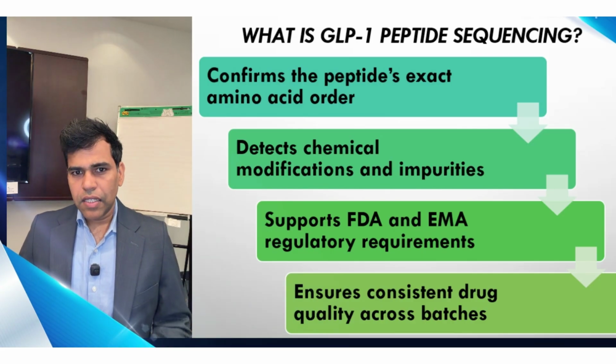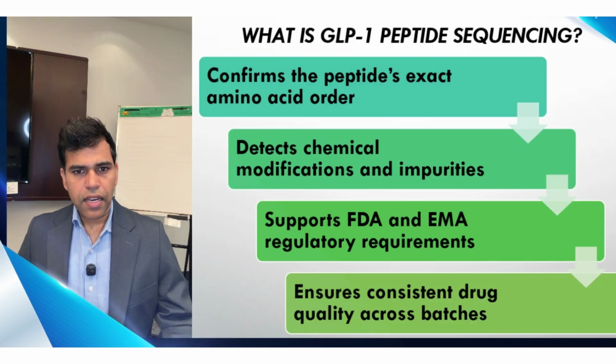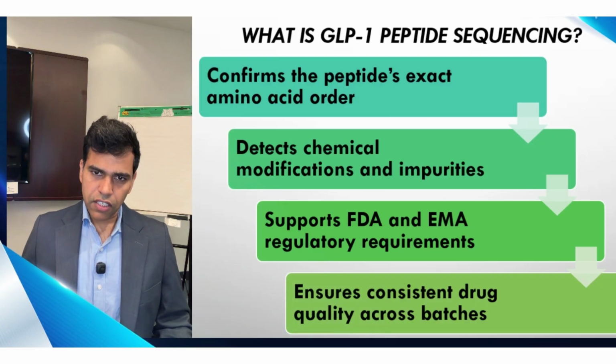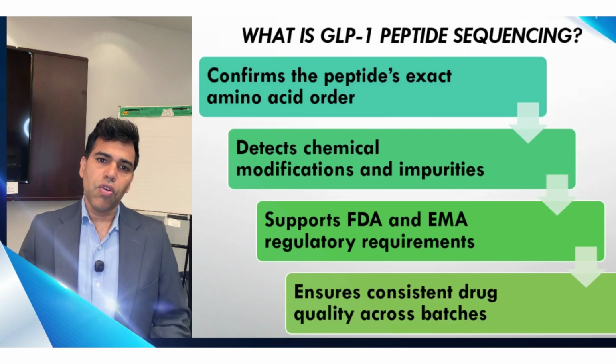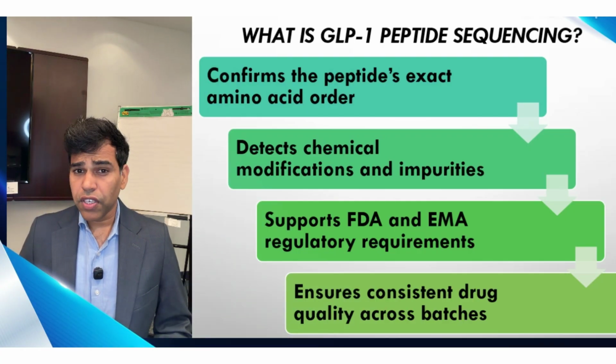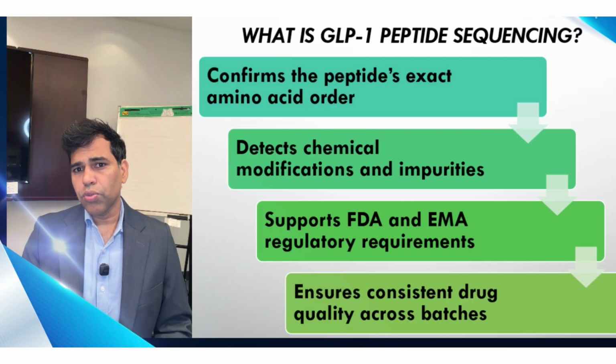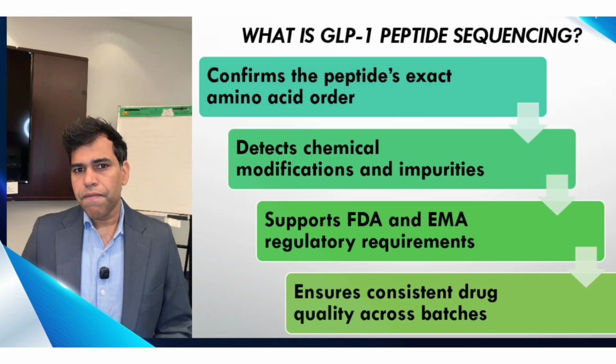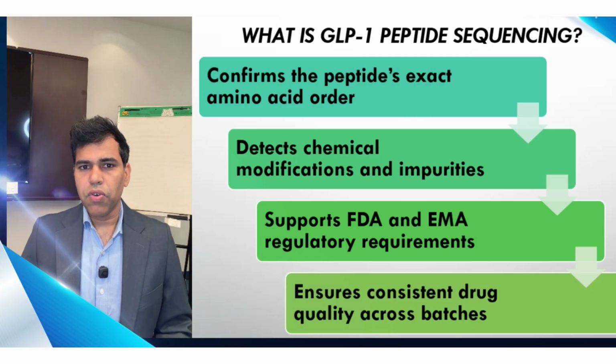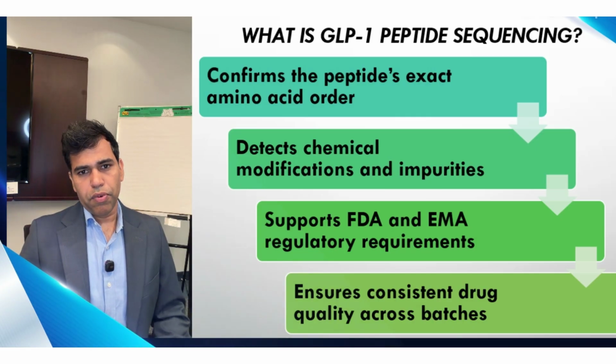For a drug like semaglutide, which carries a fatty acid chain and multiple non-standard amino acid modifications, this is not a routine task. Every step of the workflow is a decision point.